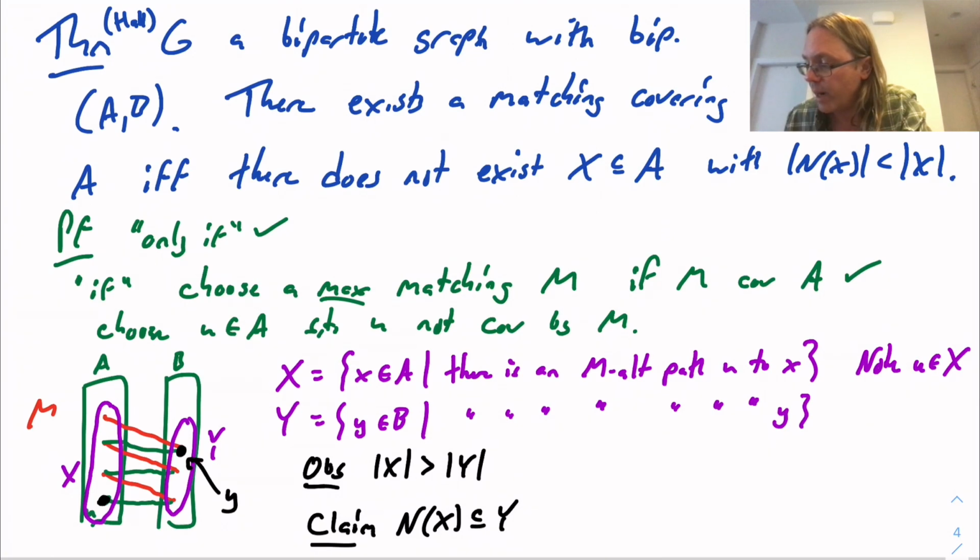And again, combining the claim with the observation gives us the contradiction.